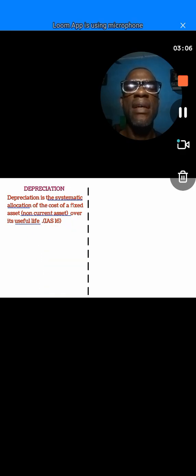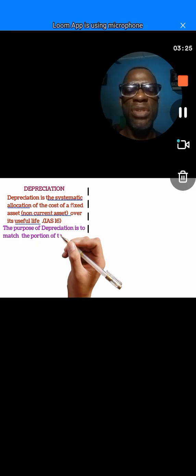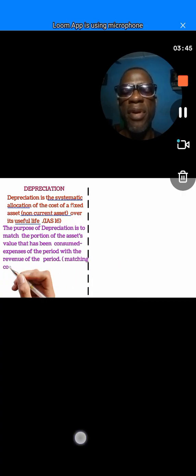That is to say, the actual reason why depreciation is done is to allocate the cost of non-current assets as a non-cash expense over the profit or revenue of the period. The purpose of depreciation is to match the portion of the asset value that has been consumed as an expense of the period with the revenue of the period.